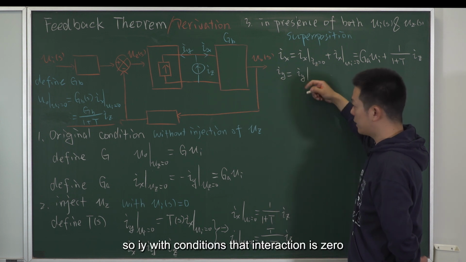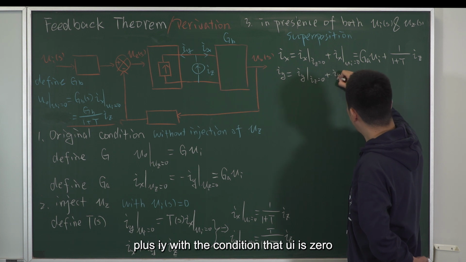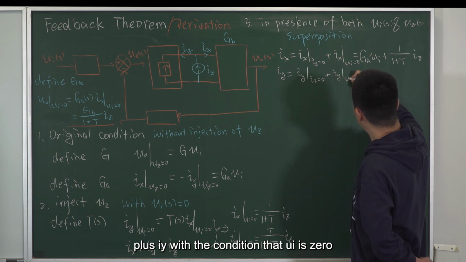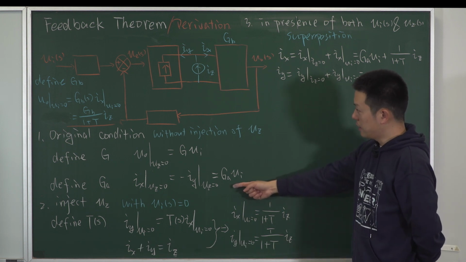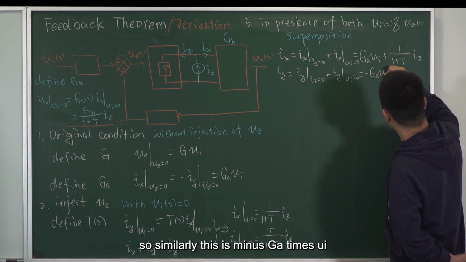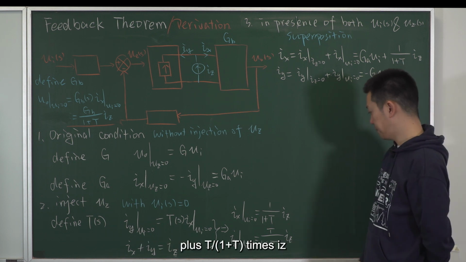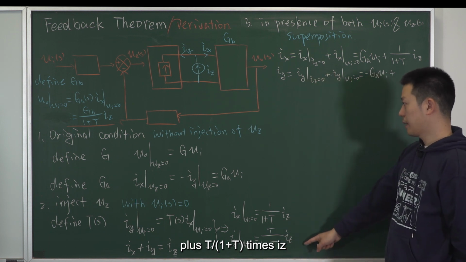So Iy with condition that injection is 0 plus Iy in the condition that Ui equals to 0. So similarly, this is minus GA Ui plus T over 1 plus T Iz.